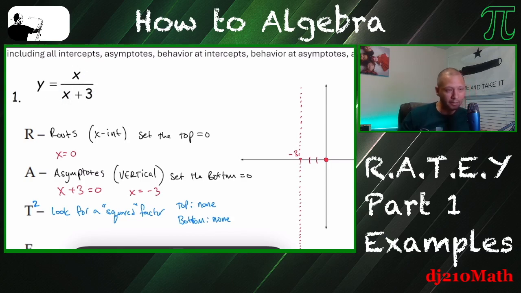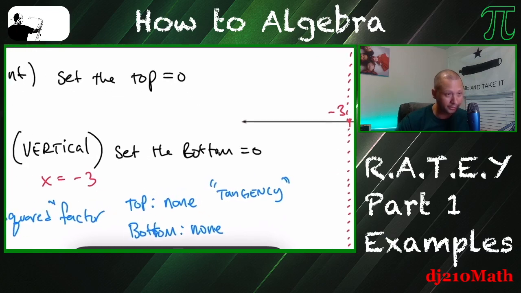So if there were a squared factor in the numerator, the top, think of it as the letter T. The word is tangency.